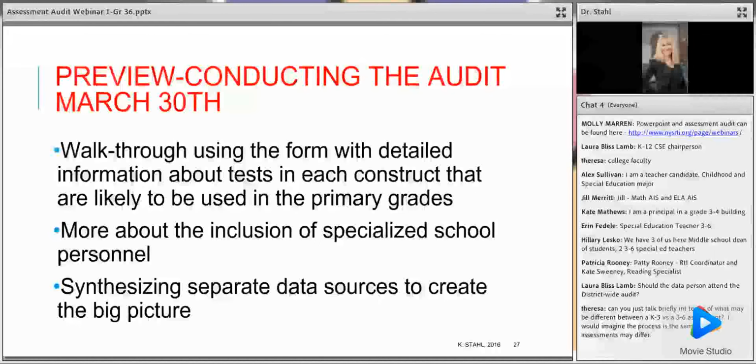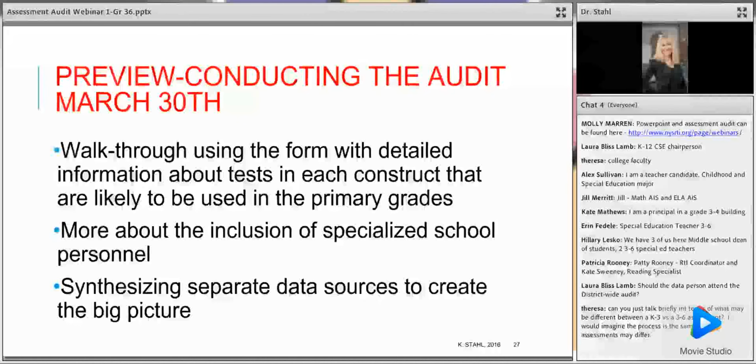Oh, Teresa, that's great. I'm glad that you want me to clarify that. So yes, in terms of K-3 and 3-6, the actual process is exactly the same. We're going to talk about this in the next slide, but basically a single teacher completes the form for whatever grade she's in.